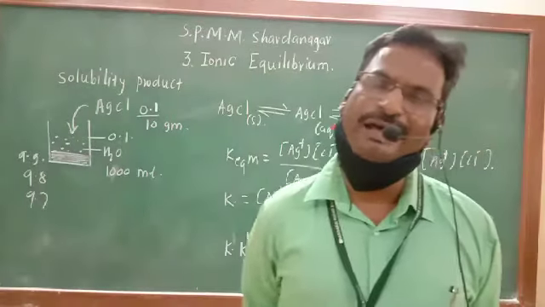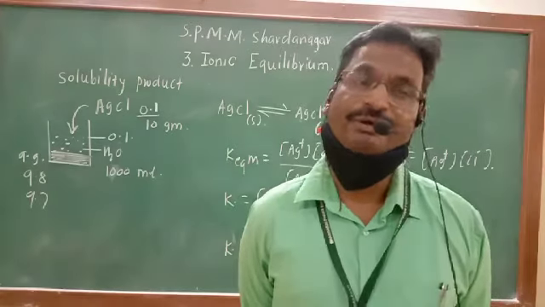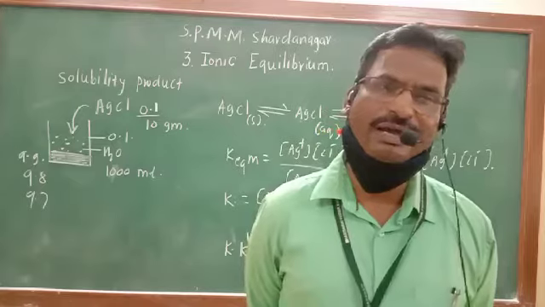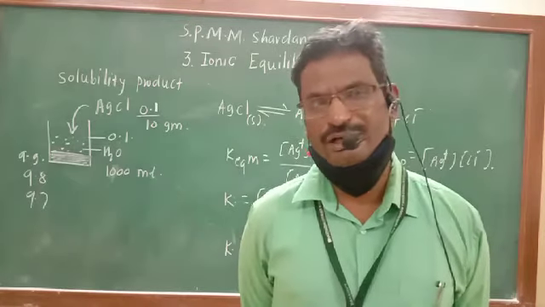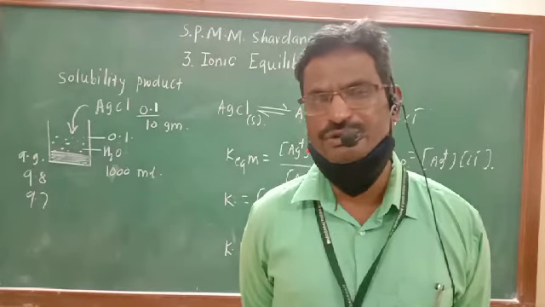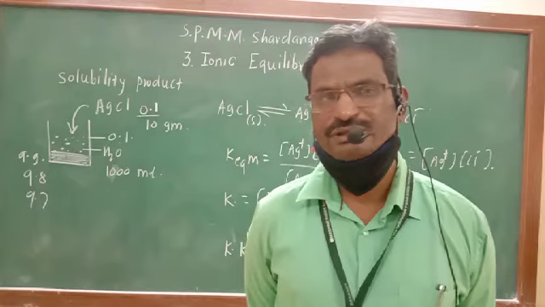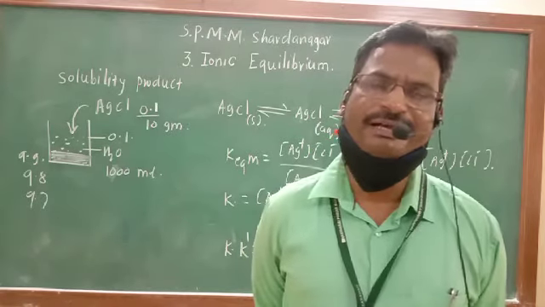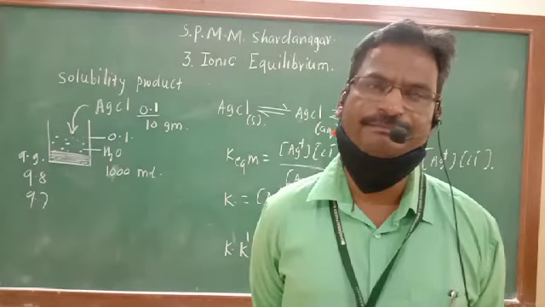And then we have seen this solubility product for a sparingly soluble salt, where we have seen there are 2 types of salts. We have seen the difference between sodium chloride and silver chloride. Sodium chloride undergoes complete dissolution, whereas silver chloride has a very little tendency to enter into the solution.